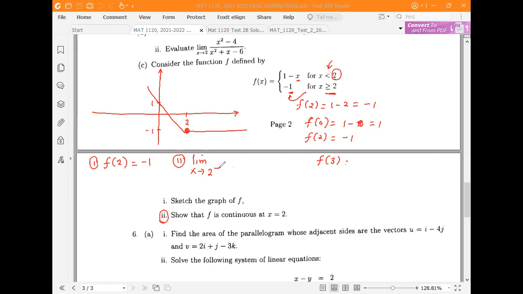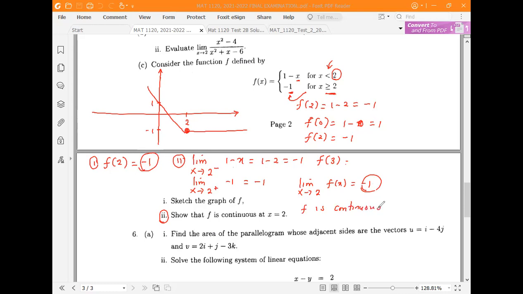So less is from left, 1 minus x, and we are getting 1 minus 2, which is -1. The other one is from right, which is the greater part, so I'm getting -1. So meaning the limit as x approaches 2 of f is actually equal to -1. So if I have the limit -1 and I have f of 2 -1, it means that f is continuous.